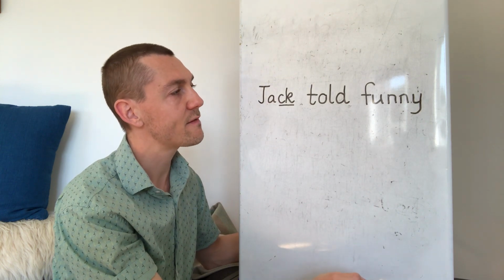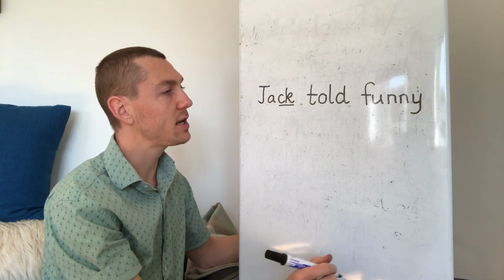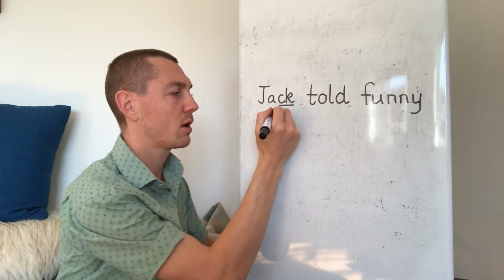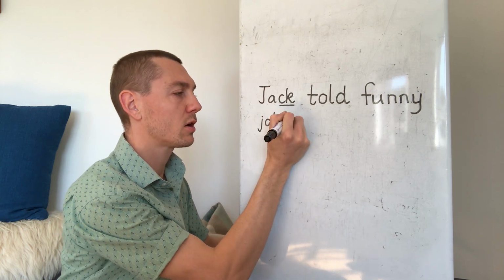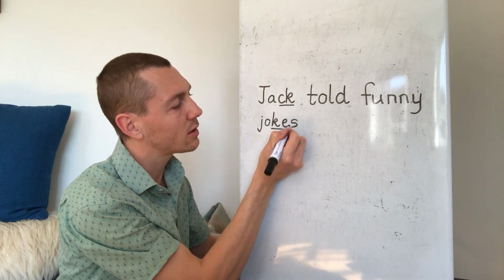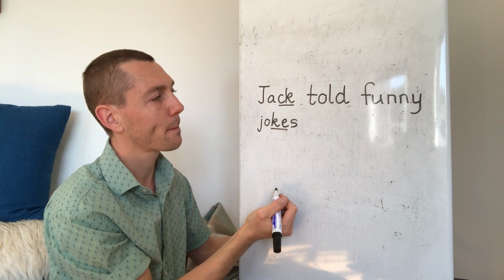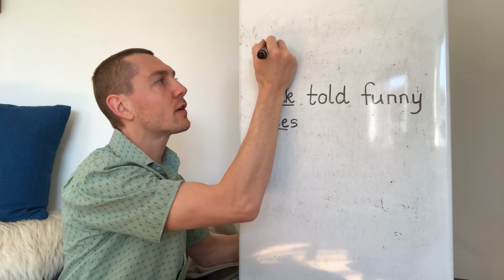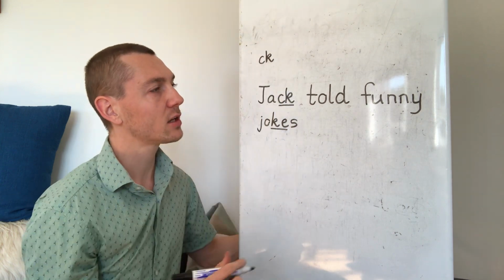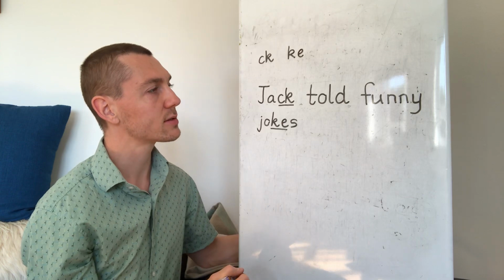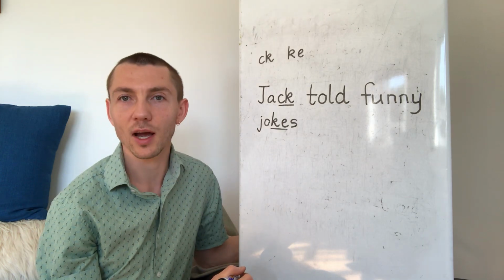Funny. Funny. Jack told funny jokes. J. O. K. S. J. O. K. S. Okay, so what have we got so far? We've got the CK spelling of K in Jack and the KE spelling of K in jokes. Okay, so let's carry on.